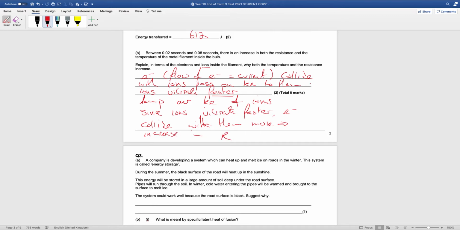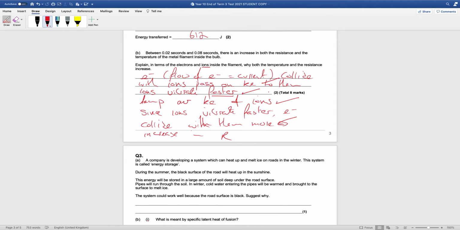Now, electrons collide with the ions, passing on kinetic energy. 1 mark. Ions vibrate faster. 1 mark. Temperature is a measure of the average kinetic energy of the ions. 1 mark. Since the ions vibrate faster, the electrons collide with them more, which gives you an increase in resistance. So there are 4 possible marking points here.